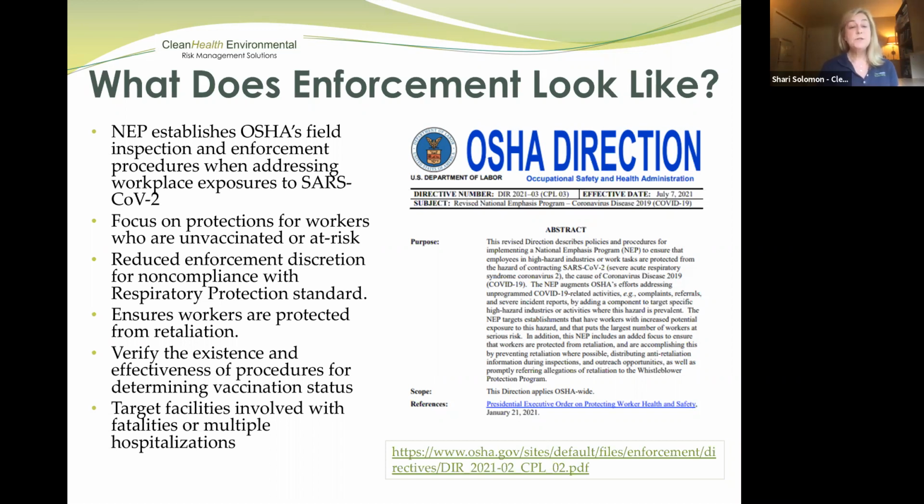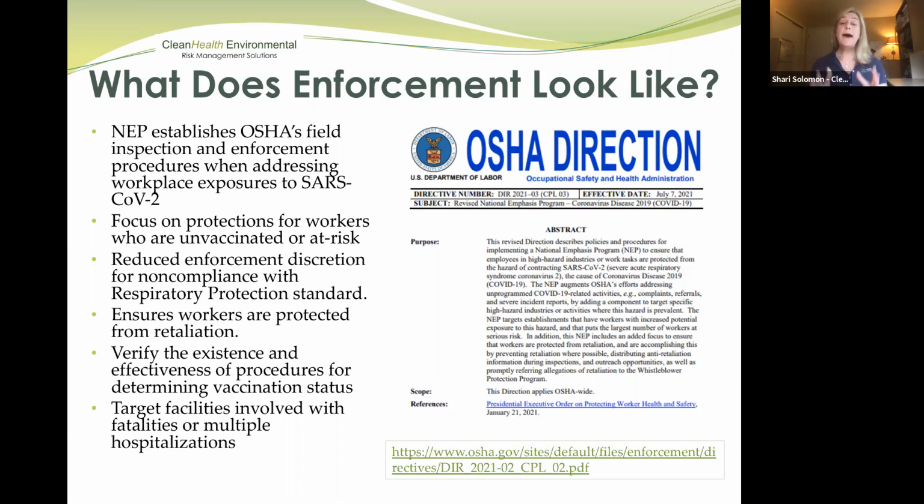Now, there is reduced enforcement discretion for noncompliance with the respiratory protection standard because of the nuances to that, ensuring workers are protected from retaliation. And one other component here is recognizing good faith. I made that mention when I talked about the respiratory protection program, but they do also highlight that for the OSHA inspectors.